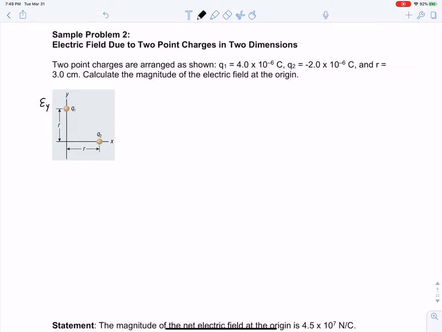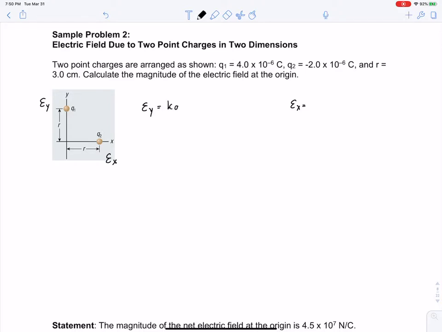And Q2 is in the x direction. Let's find the electric field in the x direction for Q2. Q1 is 4.0 times 10 to the power of negative 6 coulombs. And Q2 is negative 2 times 10 to the power of negative 6 coulombs. R is 3 centimeters. So let's find electric field at y, electric field at x.